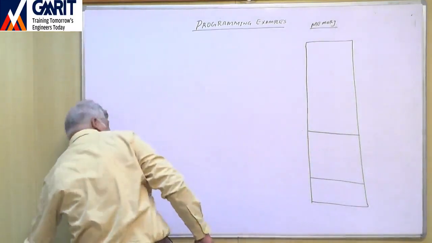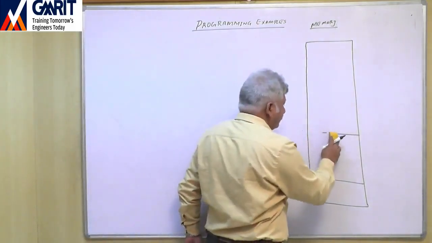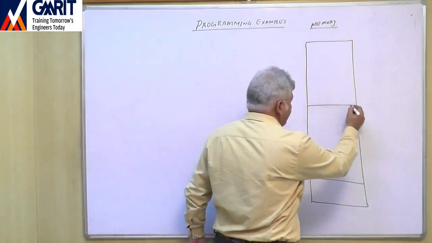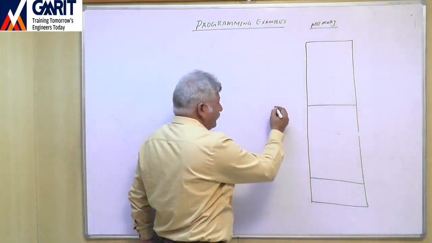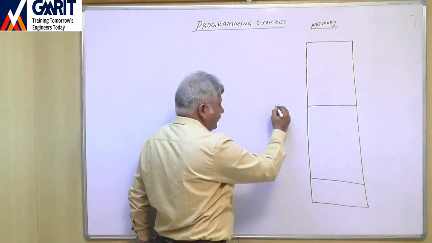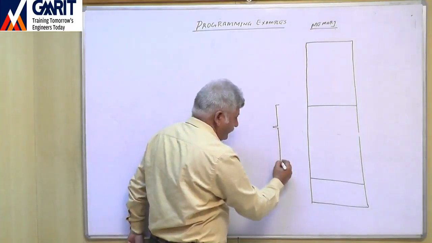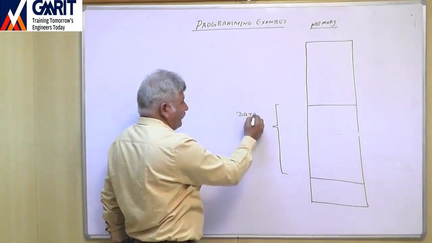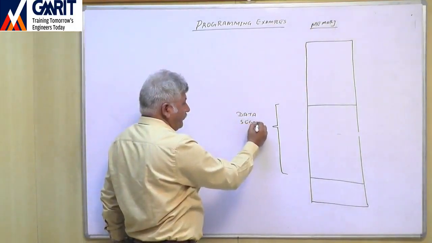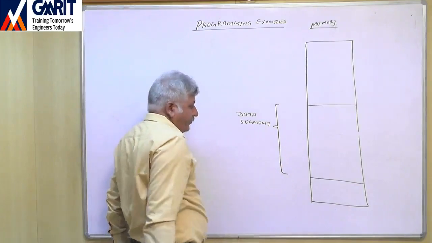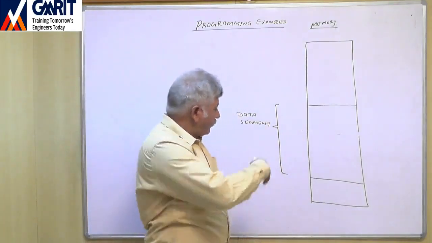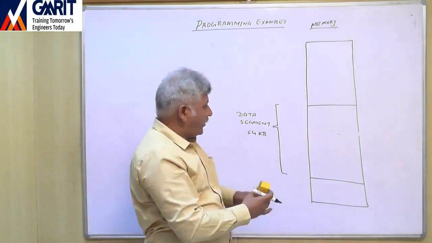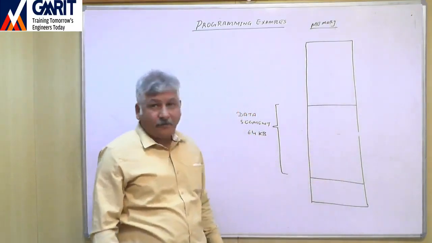We will extend this somewhat more. So this is our data segment memory area. In total, this is 64 KB of memory space in the data segment.